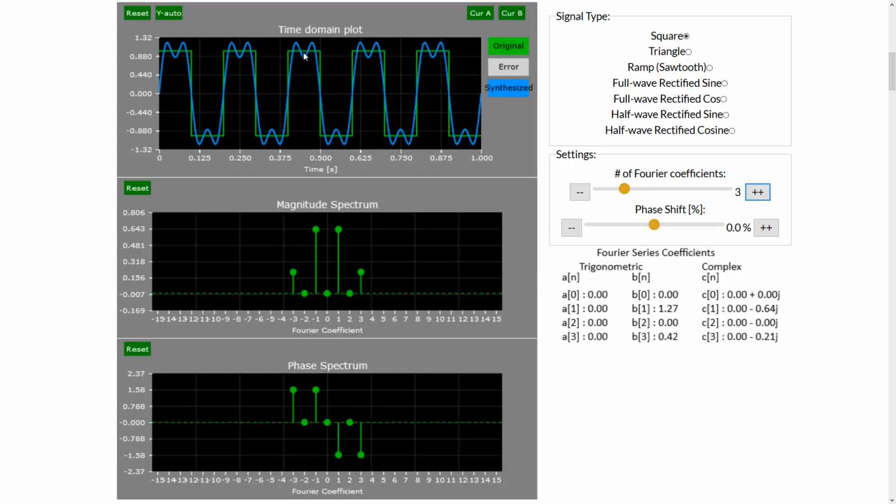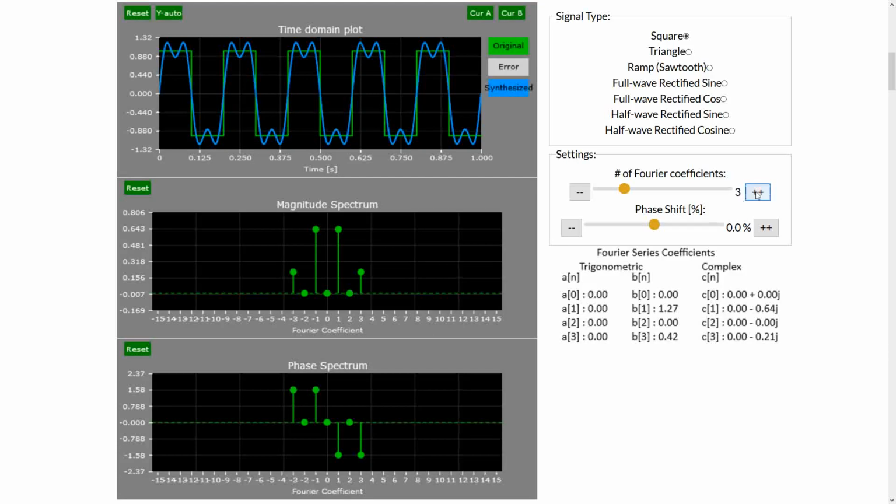Oh, what happened now? With the third component we can see that our synthesized waveform got a little bit closer to our square wave, right? And that is with a third harmonic added, with a different magnitude. Phase remains the same because obviously we are adding sinusoids, the phase does not change.